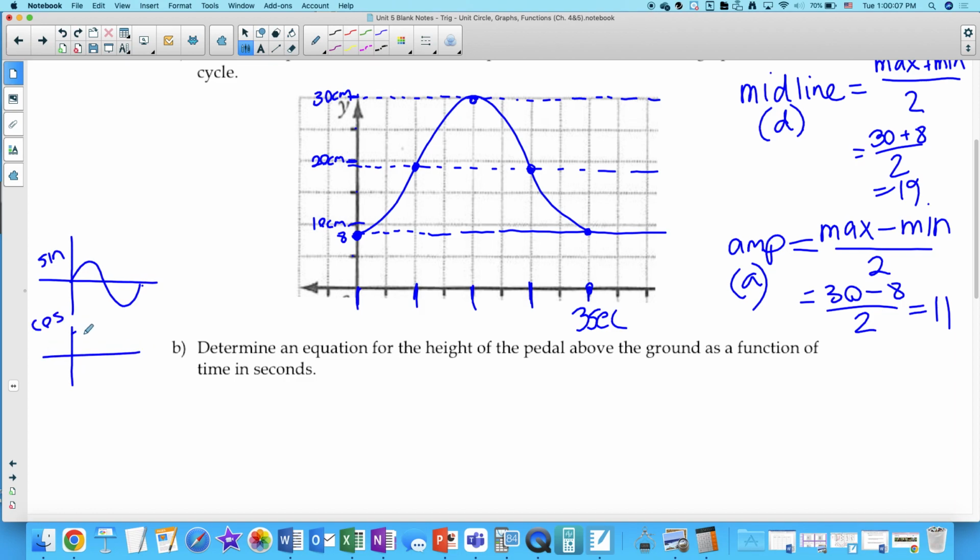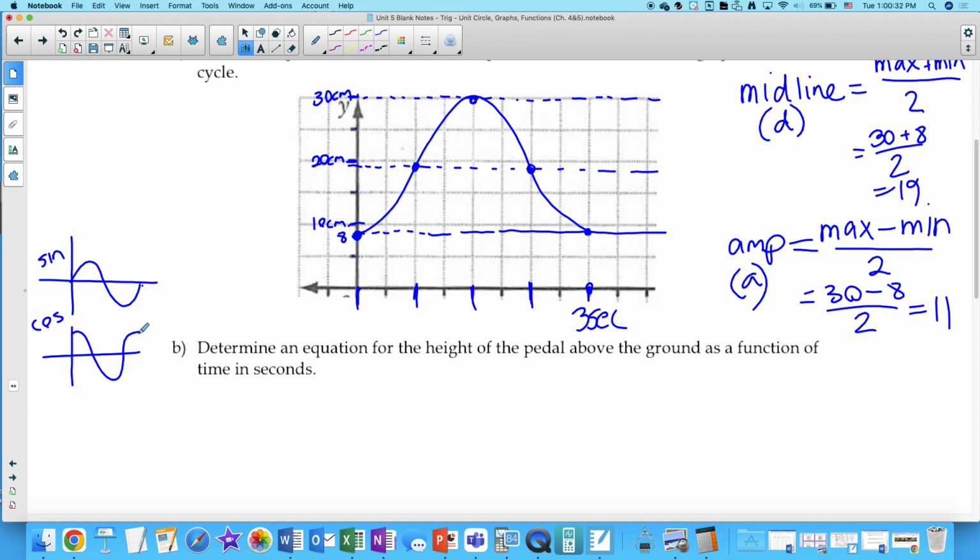So if I choose to use cosine, I don't have to have a phase shift if I include a reflection. So what I tend to do is if my starting point is either the top or the bottom, I use cosine. If it's in the middle, I use sine.